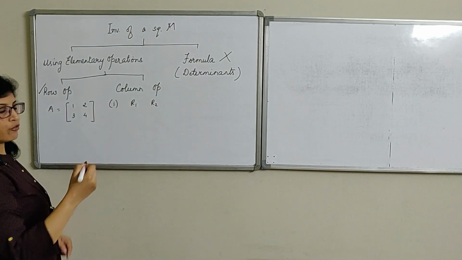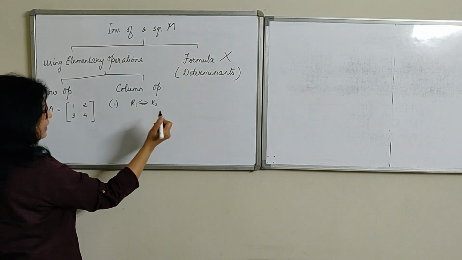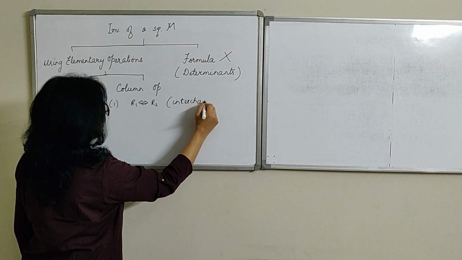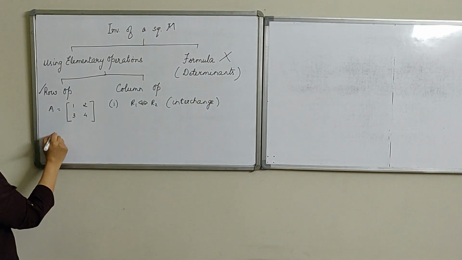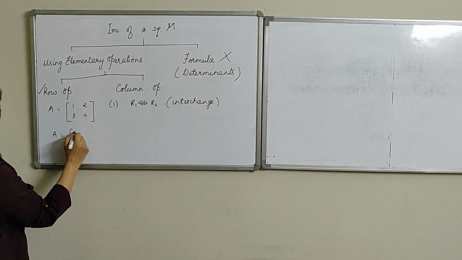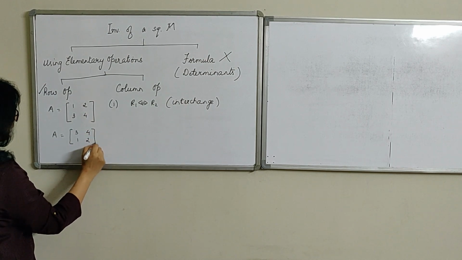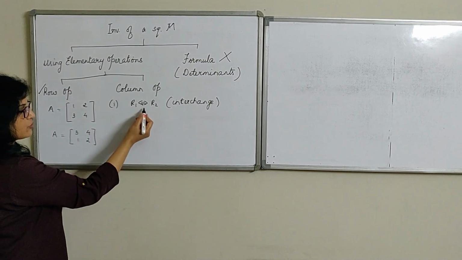So the first kind of row operation is written this way, which means that rows R1 and R2 interchange. If they interchange, the second row becomes the first row, and the first row becomes the second row. So this is the new matrix obtained after performing this operation.